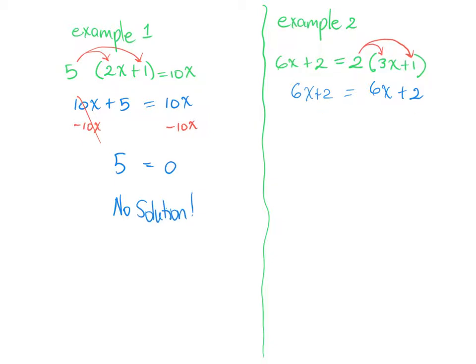Once we have the same things on both sides, you know that there are infinitely many things that will make this true. So our answer is that in this case, there are infinitely many solutions. And we could even test it out here. We could plug 5 in, 2 in, 1 in, and we'll get that these two things are always equal to each other. So that's our answer there. All right, that's it.